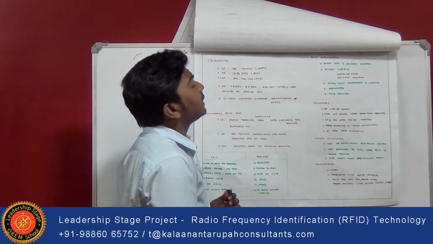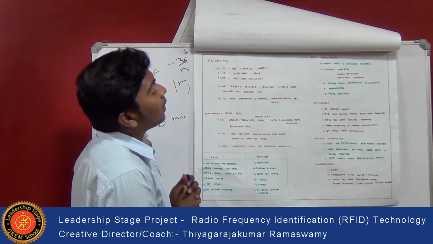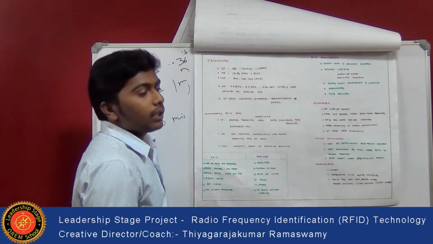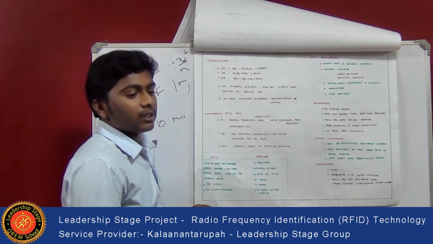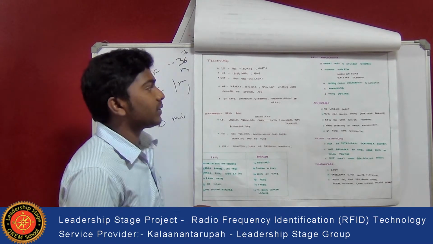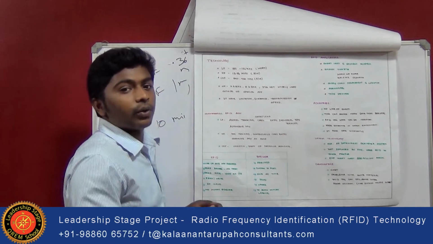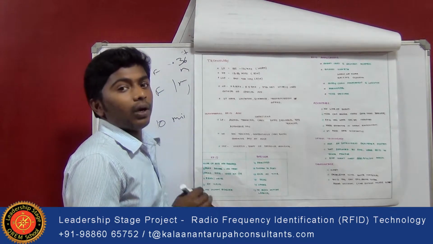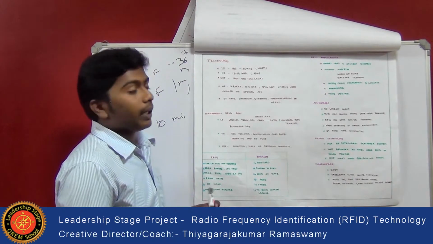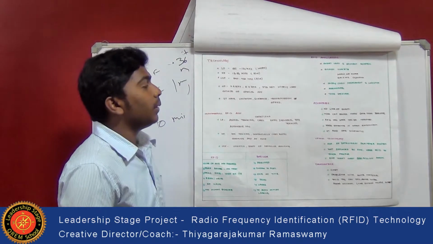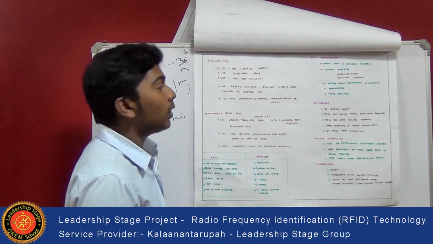Coming to the applications, it is used for smart cards, like it is implemented in ATM cards, so that instead of scratching and inserting the card into the machine while entering the ATM, we can use it to take money and get the balance of our cards.